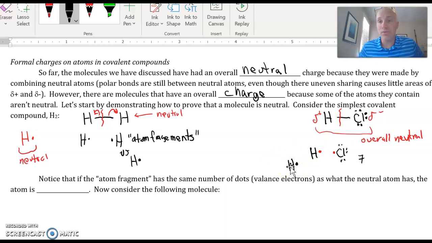That proves that both of these atoms are neutral. Since these fragments came from this molecule, all of these atoms would be considered neutral. And if all the atoms are neutral, then the molecule overall is neutral. So let's take a look at an example where not everything is neutral.